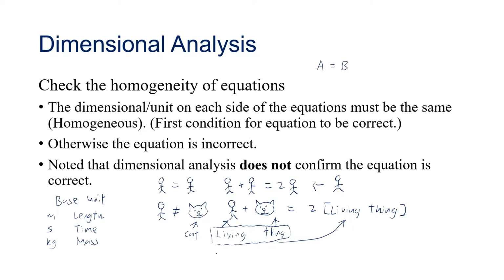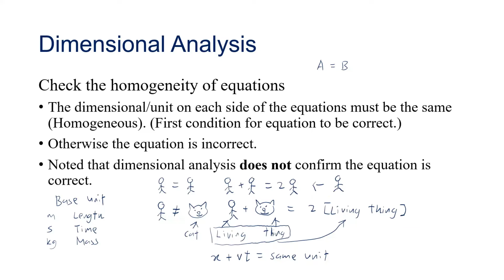For example, we know x is a distance. Now we cannot directly add the velocity to it, right? But we can add the velocity multiplied by t. So these two have the same unit.